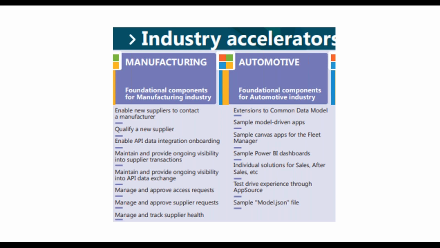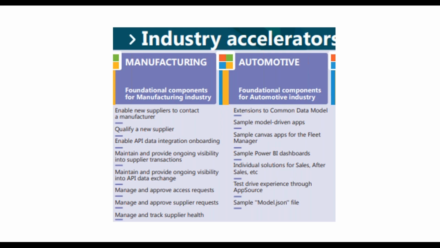On the manufacturing side, it has a lot of processes and components around qualifying of suppliers. There's APIs, so capability to integrate better with some different components. You can manage and approve access requests much more easily. You can manage and approve supply requests into the portal more easily.